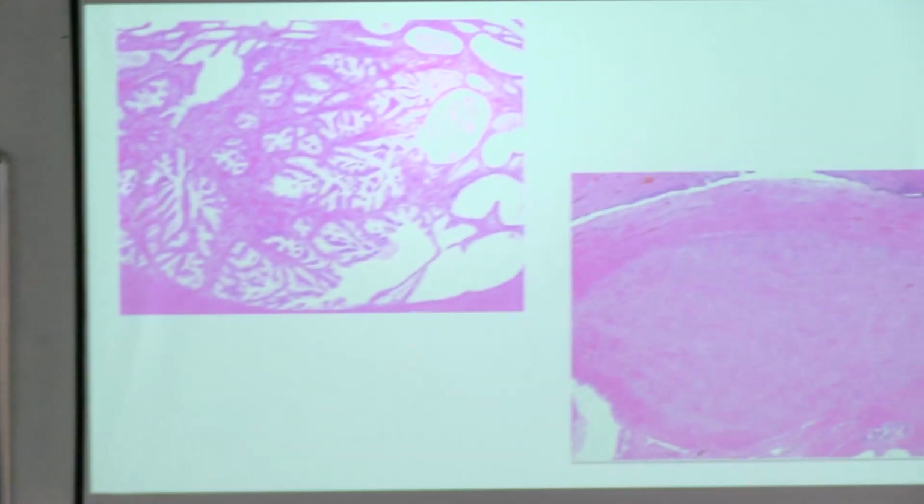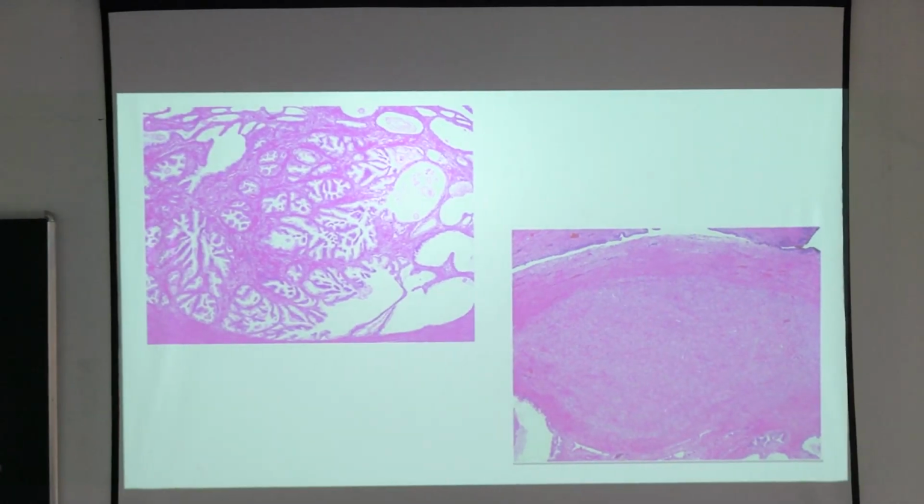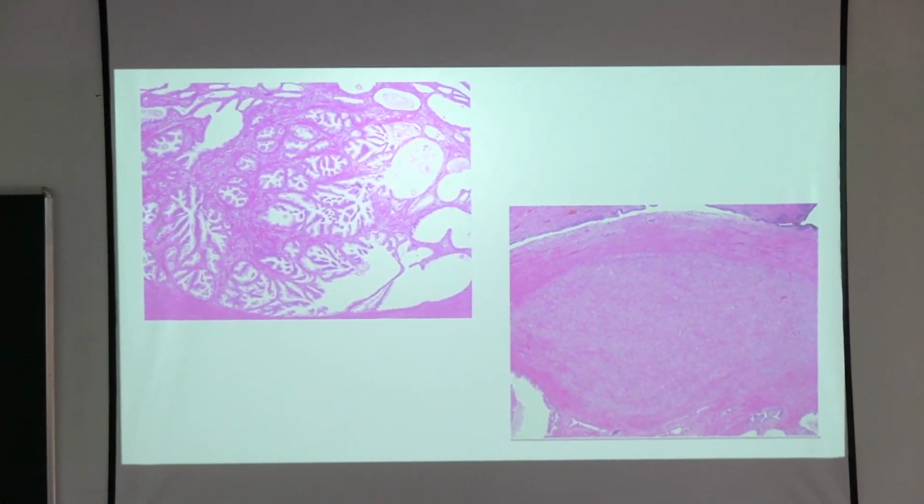So you are seeing this glandular size has increased as well as the number of glands have increased. So this is a case of hyperplasia, ঠিক আছে?